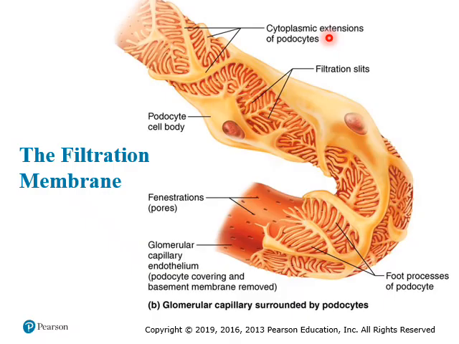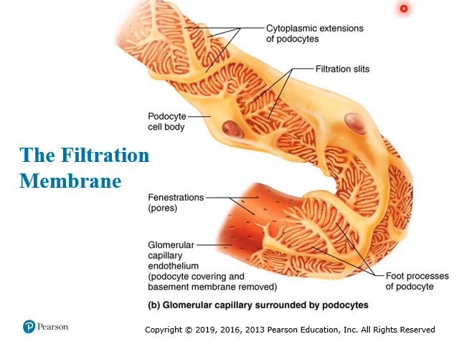So you have three layers of filtration mechanism. You have the fenestrated endothelium of the glomerulus. You have the basement membrane, which is the fused basal laminae of two other layers. Then you have the foot processes of the podocytes with filtration slits.